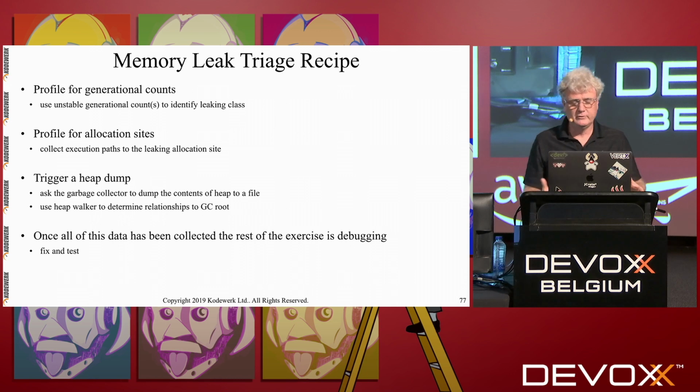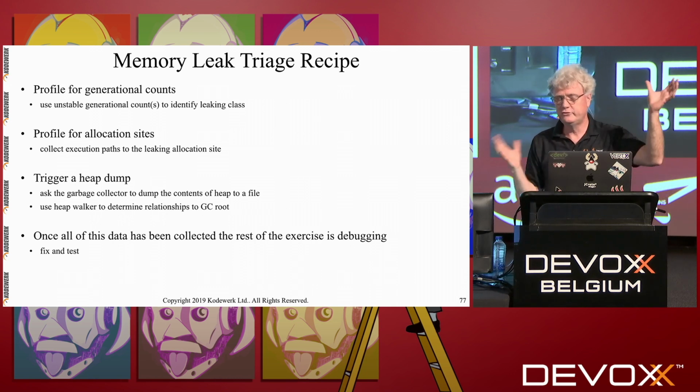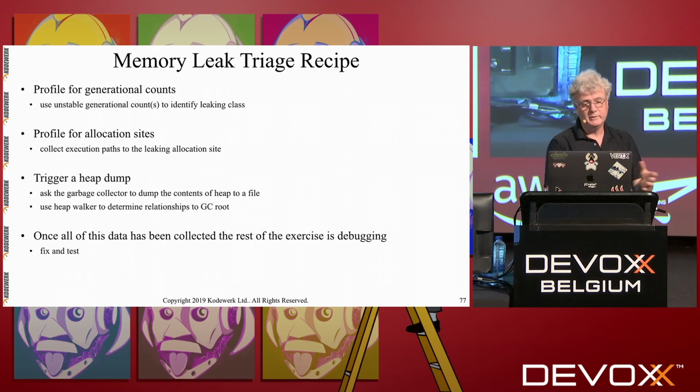With the heap dump, we can use a heap walker to look at all the relationships. And once we've got all of this data, then we can just generally trace through the logic like any normal debugging step, figure out what's gone wrong in terms of managing the life cycle of this particular data, fix it, and move on.